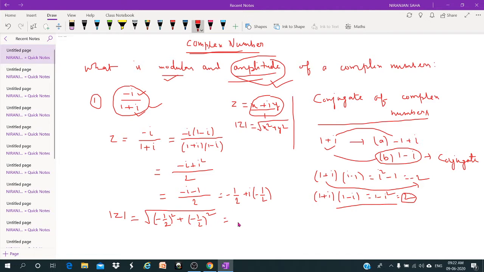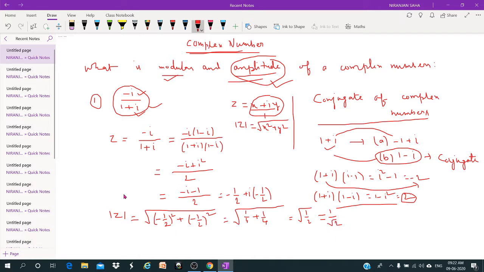If we simplify, this will be 1 by 4 plus 1 by 4, which is 1 by 2, so root over 1 by 2, and that gives 1 by root 2. So this is the modulus of the complex number.